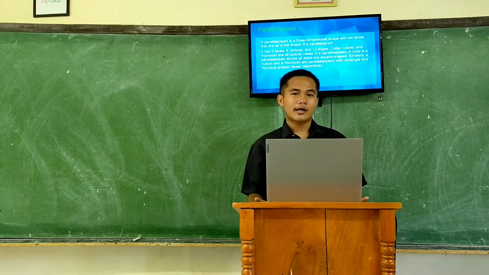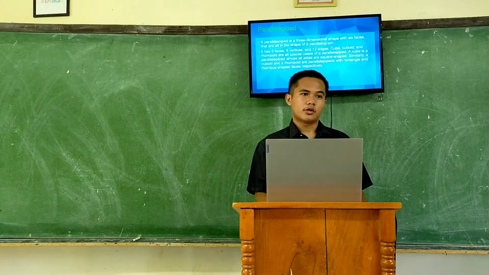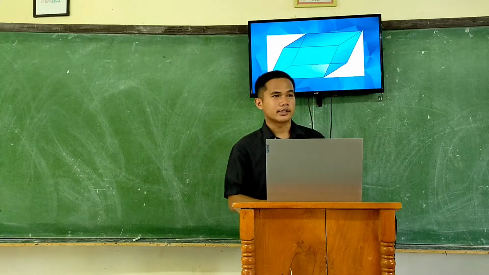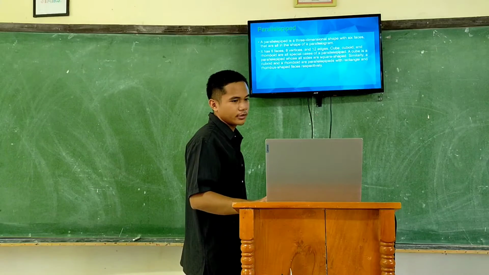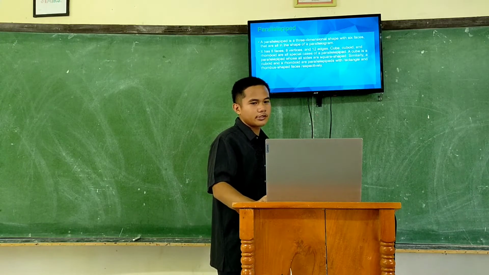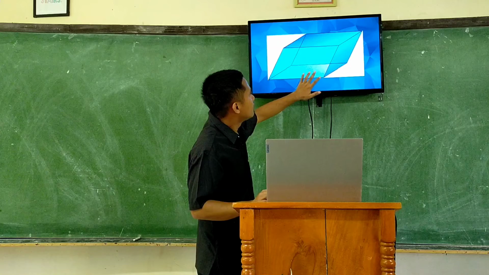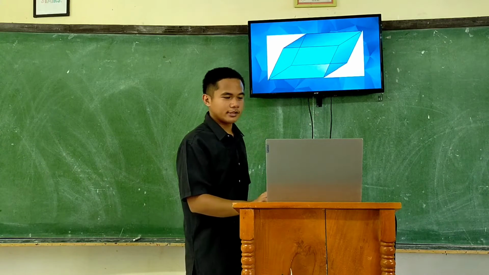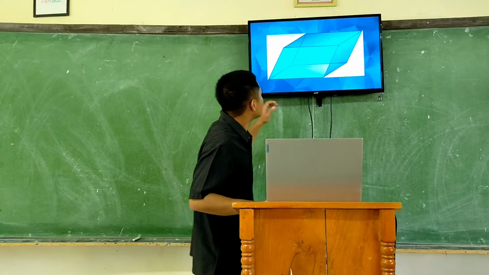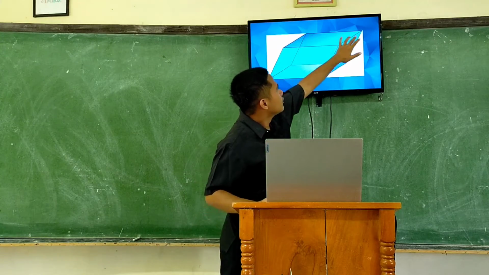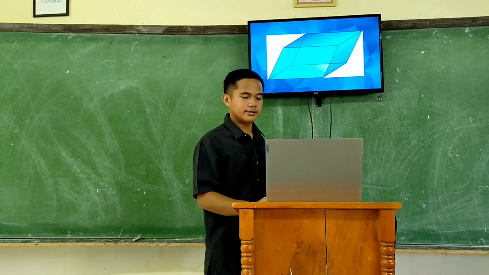So, yun ang parallelepiped. Let me show you a picture of a parallelepiped. Ayan ang kanyang itsura. Sabi niya dito, 3-dimensional shape with 6 faces: 1, 2, 3, 4, 5, and 6. 8 vertices: 1, 2, 3, 4, 5, 6, 7, and 8.